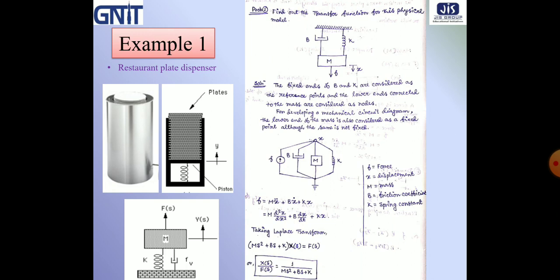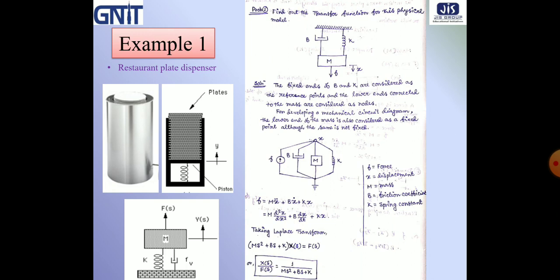One more thing, the number of displacements present in the figure will be the number of nodes of the system. And for developing a mechanical circuit diagram, the lower end of the mass is also considered as a fixed point.